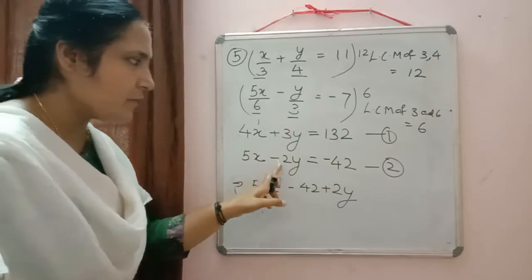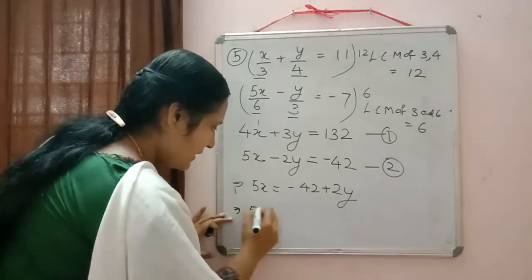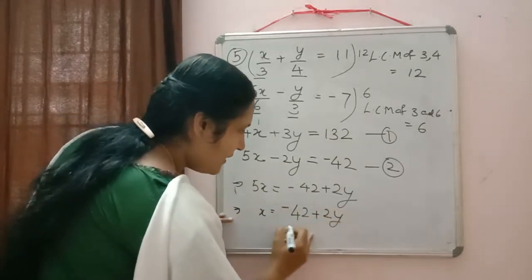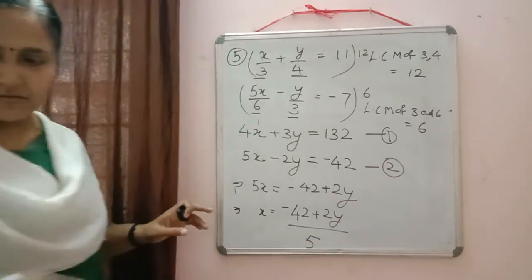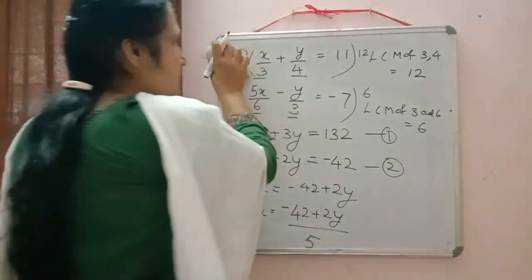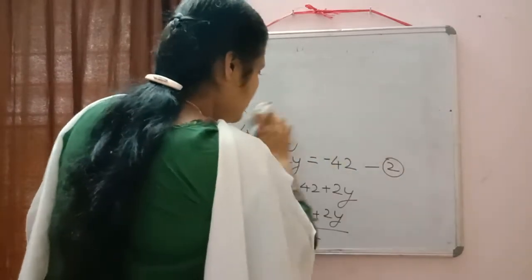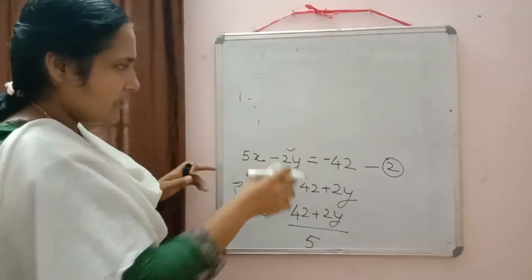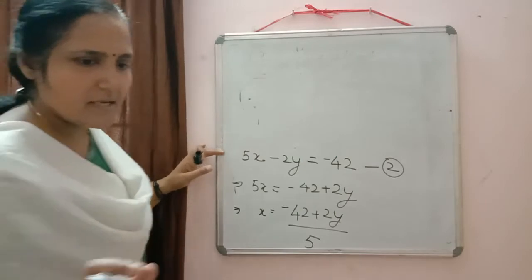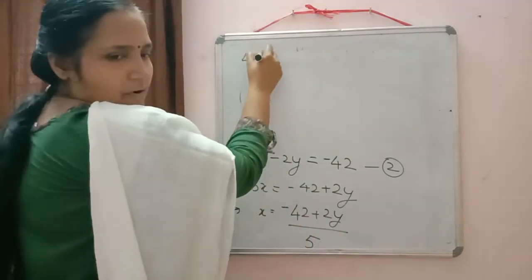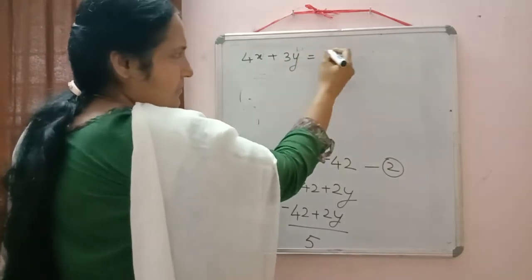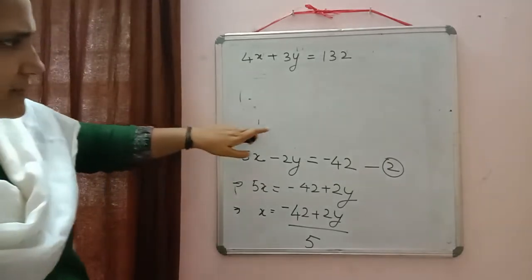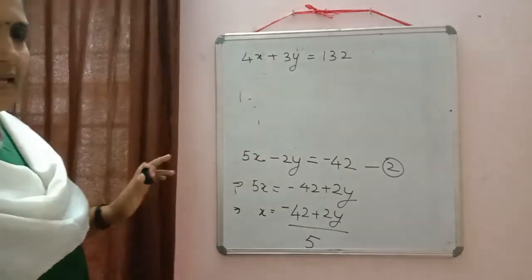Then x is equal to minus 42 plus 2y, whole divided by 5. Then we will substitute in the first equation, which was 4x plus 3y is equal to 132. Is it correct? Because I rubbed that one, I think 4x plus 3y is equal to 132.